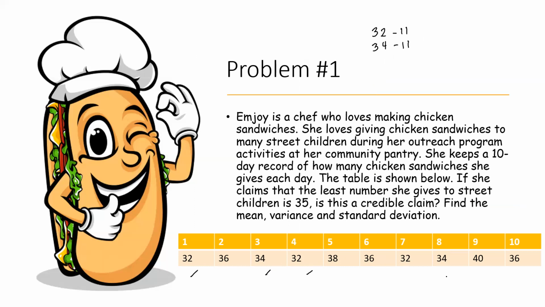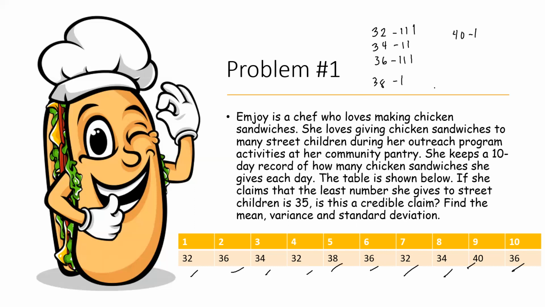Oops. Regarding the 32s, we have 3. Regarding the 36, we have 3. For 38, we just have 1. And for 40, we just have 1. So can we count this outcome? We can say that the total outcome is 10.